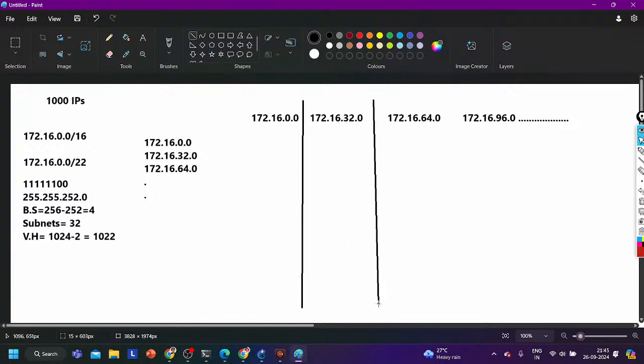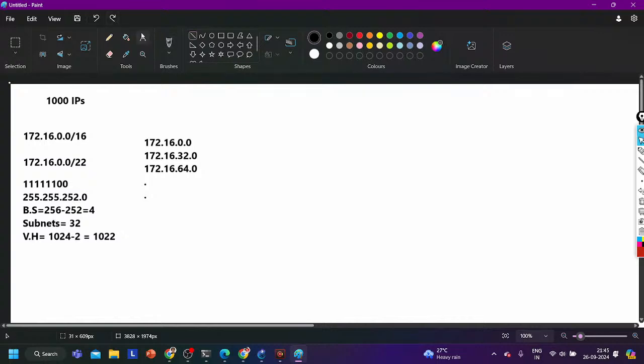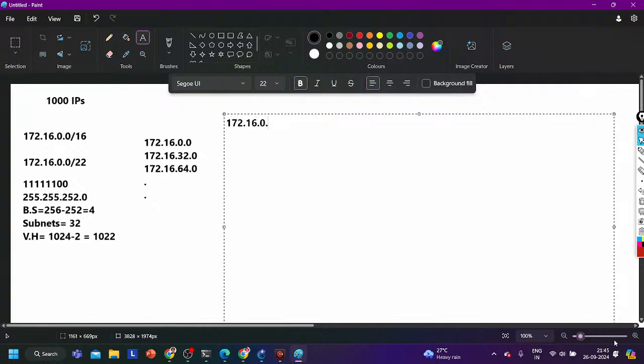Increment is 64. We have 6 bits. 2 to the power 6 is 64, not 32. Oh, sorry. Block size is 4. Extremely sorry. Yes, block size is 4. So the first network is going to be 172.16.0.0.